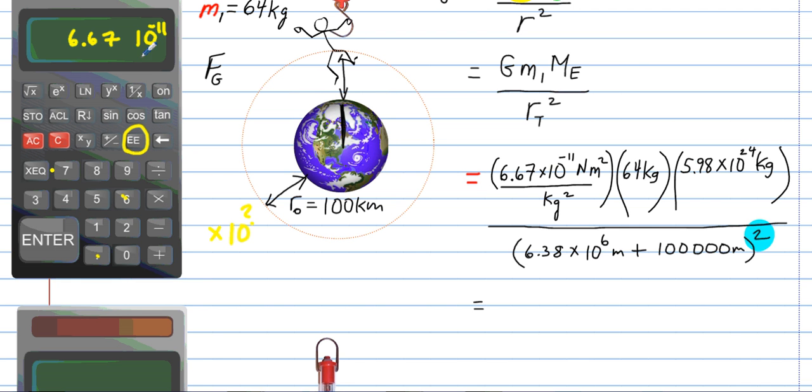Please remember that in scientific notation, you do not type in, for example, 5.98 times 10. This button does the base 10 and the exponent for you. So really, this button here gives you the times 10 to the 24th if we're talking about the mass of the Earth. So keep that in mind.